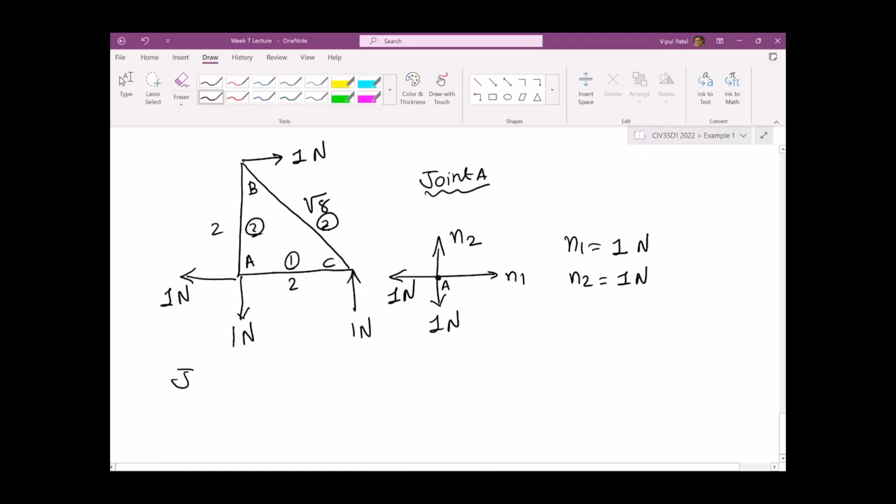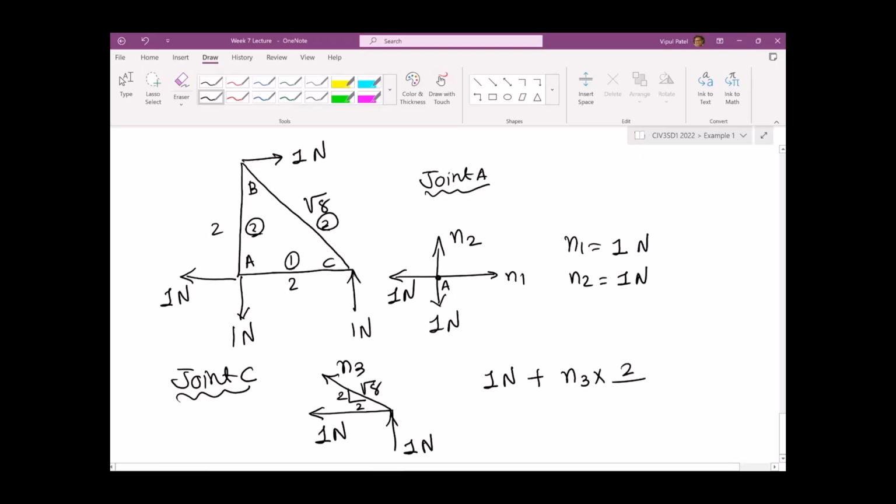Similarly, we can do joint number C. This is 1 newton, this is 1 newton, and this one is n3, with 2 over square root 8. So the sum of the forces in the y direction: 1 newton going up plus n3 times 2 over square root 8 equals 0.